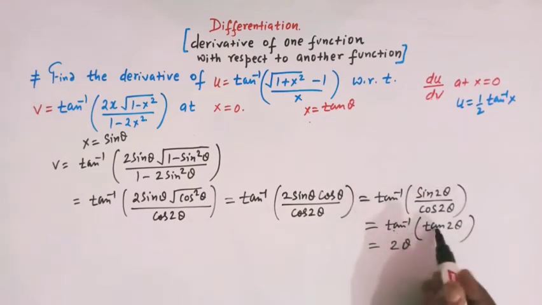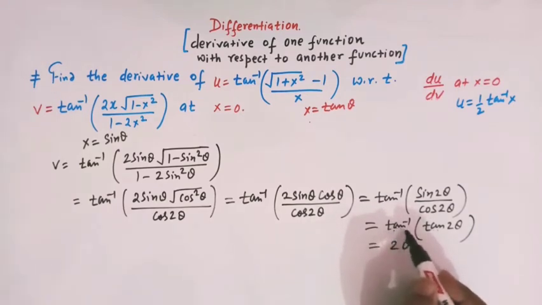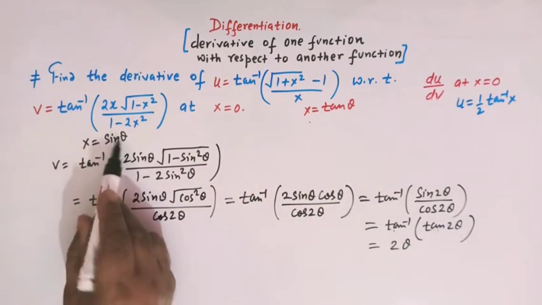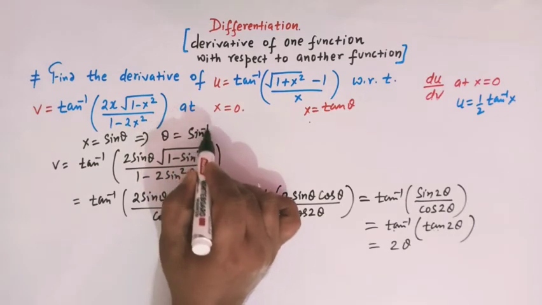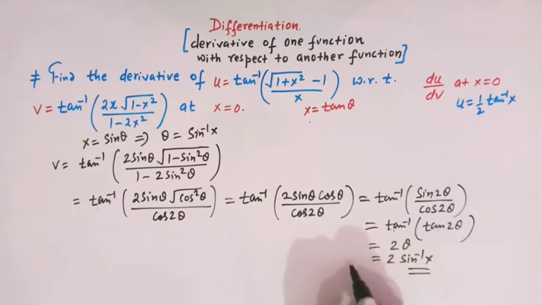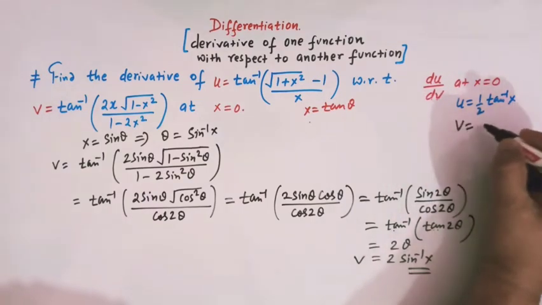So here we are cancelling this term and this term by making use of the concept of principal value of inverse tan function, right? Okay, so we have 2 theta, and from here we have theta equal to sine inverse x, right? So here we can write 2 sine inverse x, right? So now we have obtained the value of v as 2 sine inverse x, right?